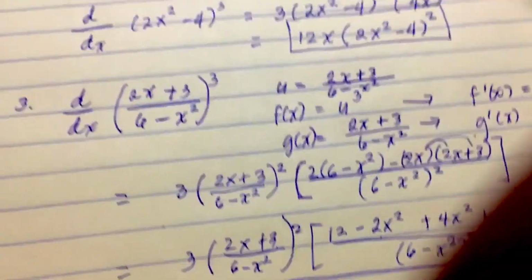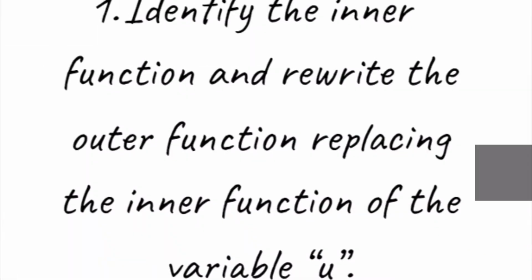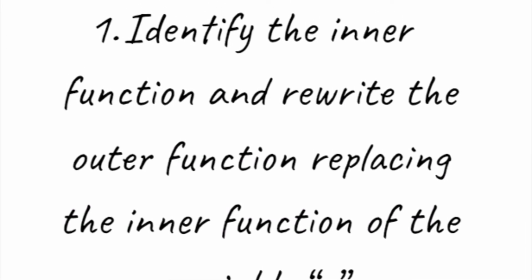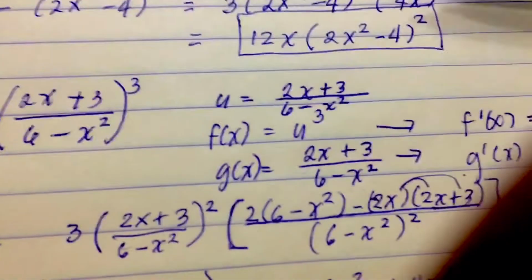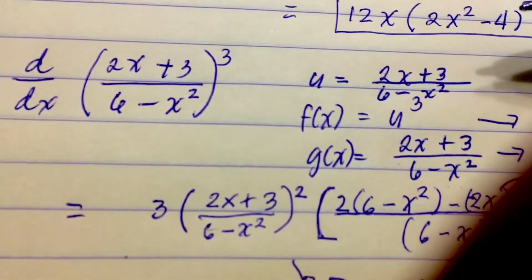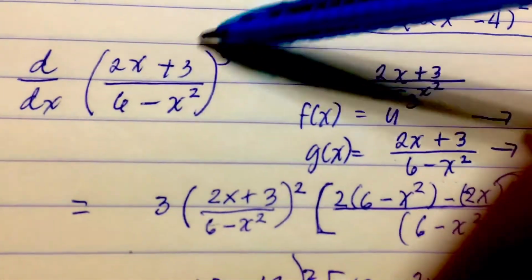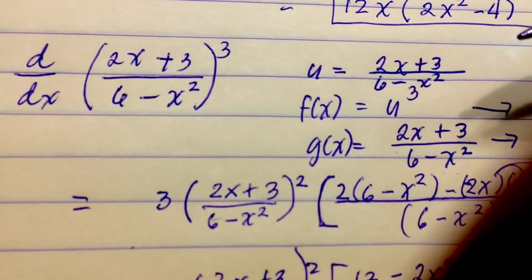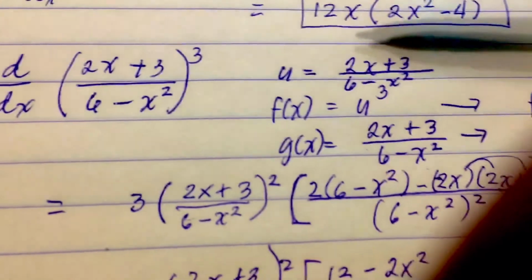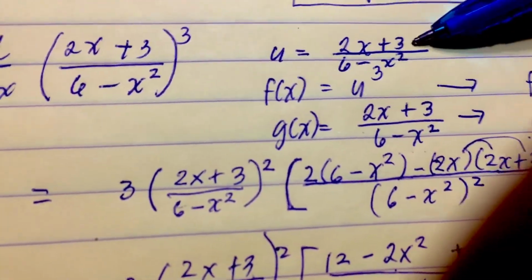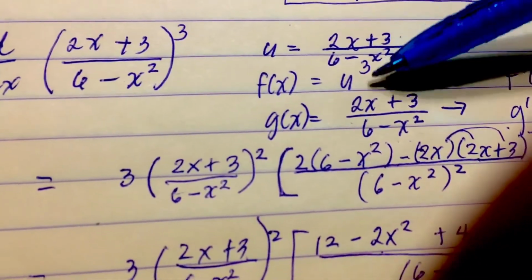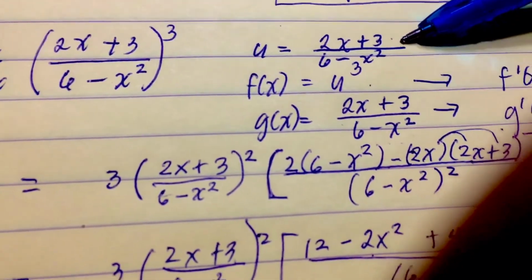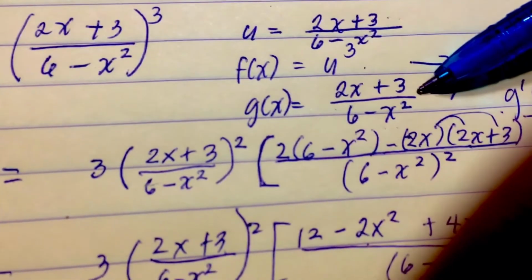Okay, again, the first step is we identify the inner function and rewrite the outer function, replacing the inner function by the variable u. So this is your inner, then the outer is this one, then the inner is your g of x.